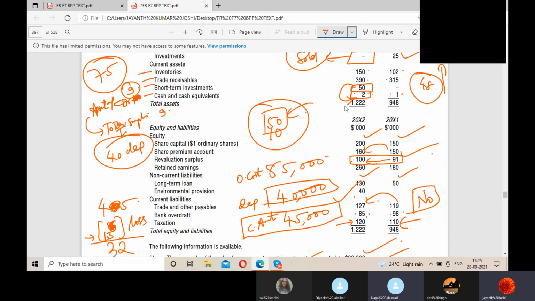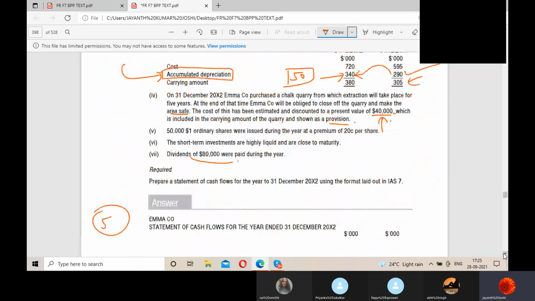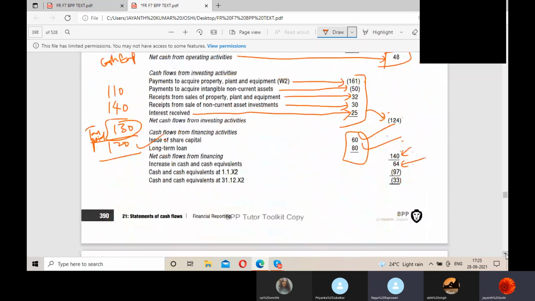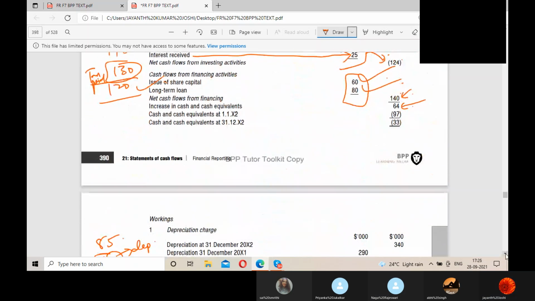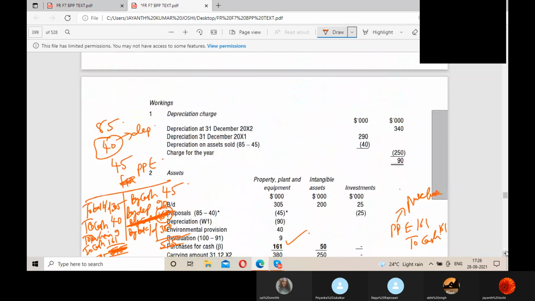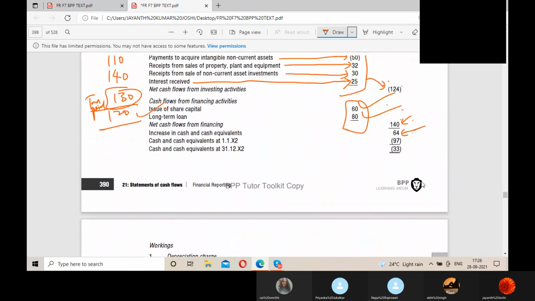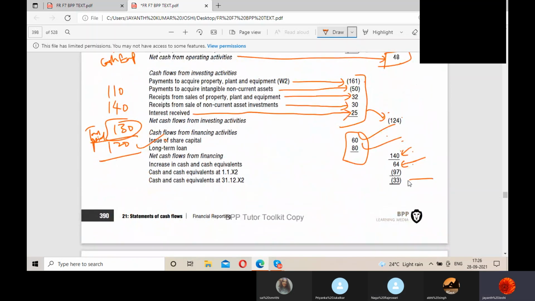So your net balance is a negative balance. Still you are supposed to pay. That's an overdraft, so we take that here. How did you get this? 52 minus 85.